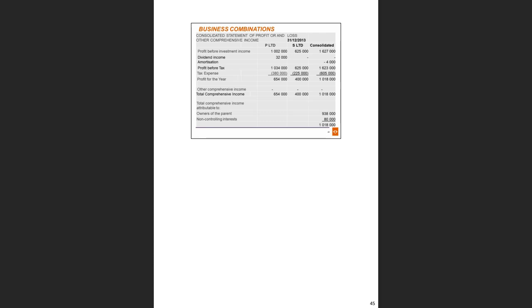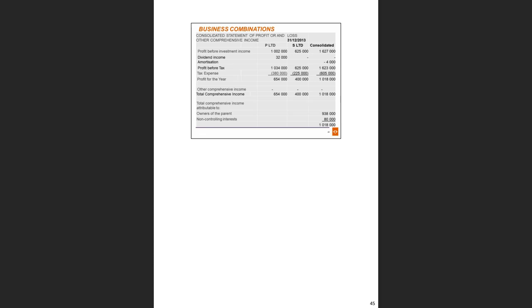So you can see we're going P Limited plus S Limited. Dividend income for P plus S. Okay, there's obviously an elimination. Remember, we processed that pro forma journal entry, which eliminated the dividend income from S to P. So even though it's shown in P Limited separate financial statements, it was eliminated on consolidation, so it won't be shown in the group financial statements.